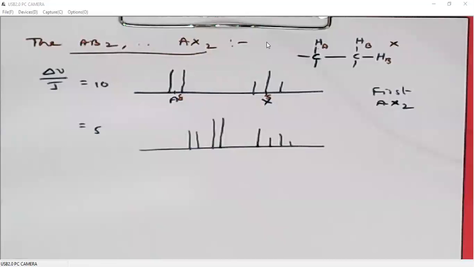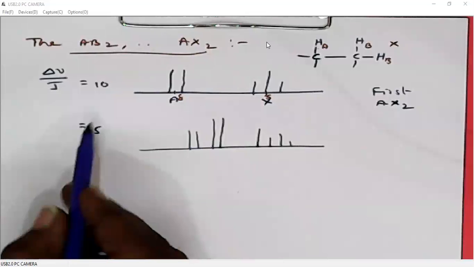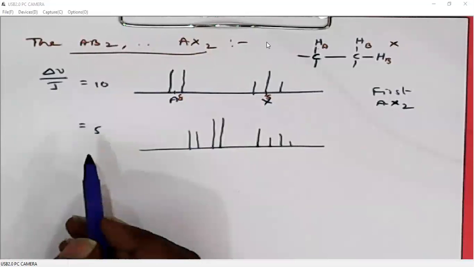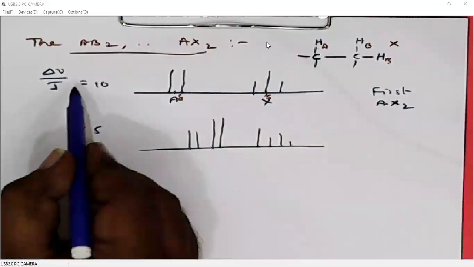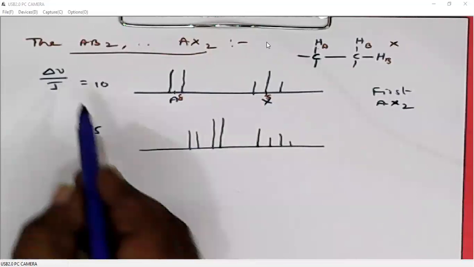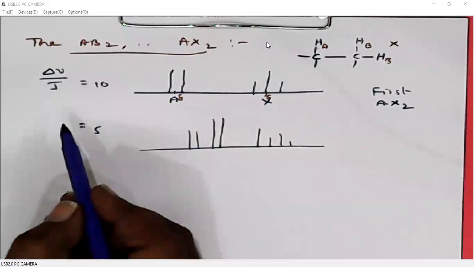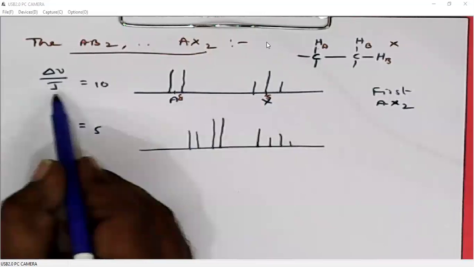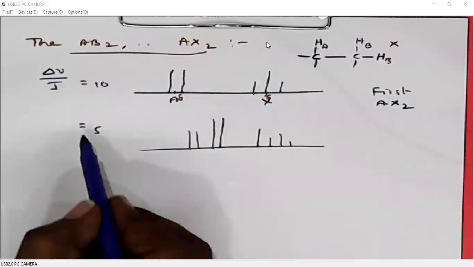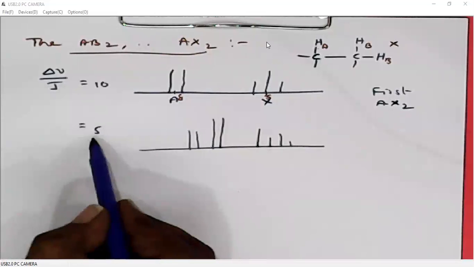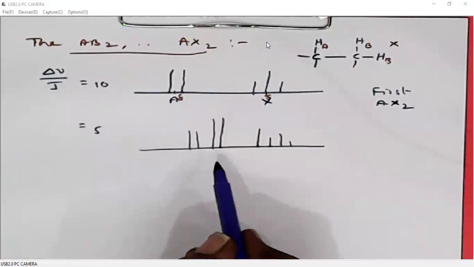So that means in this case, the transition between first order and second order is occurring somewhere between delta nu by J value of 5 and 10. So the transition is occurring here. When we have delta nu by J value of 10, it is very clear, it is a first order spectrum. But when we have delta nu by J value of 5, it becomes complex.